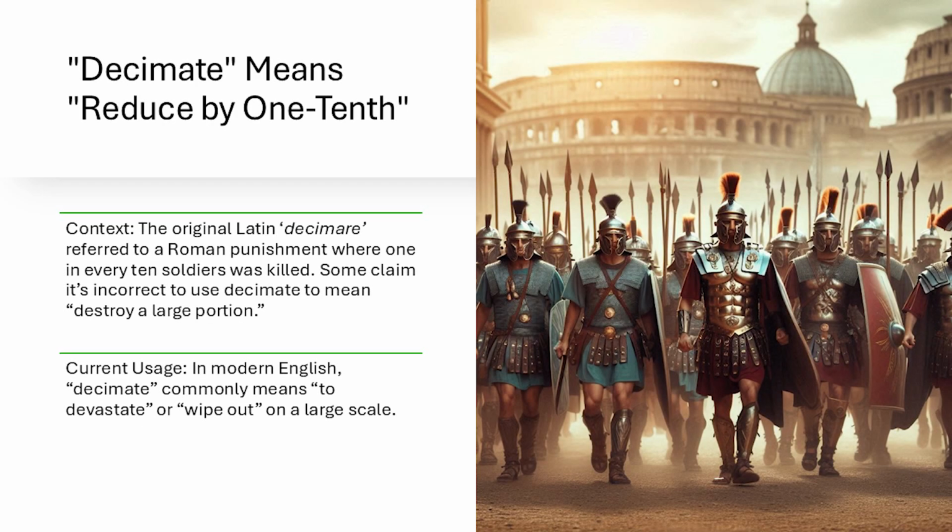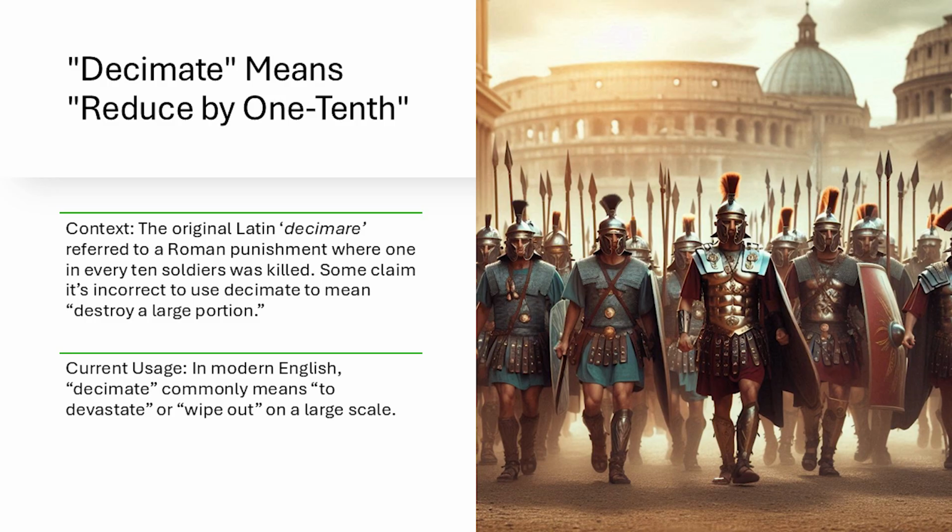To make this more interesting, I'm going to go back to the word decimate, which comes from Latin. Dec, like decimal, decimare in Latin. It referred to a Roman punishment where 1 in every 10 soldiers was killed. Some claim when we use decimate in English to mean to destroy a large portion of something, someone might say, oh, you actually destroy 1/10.